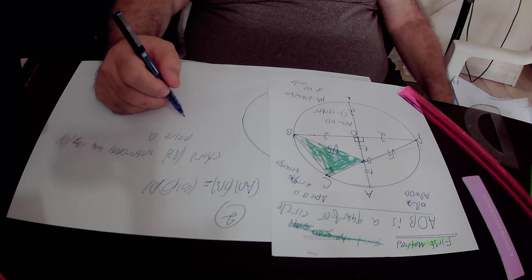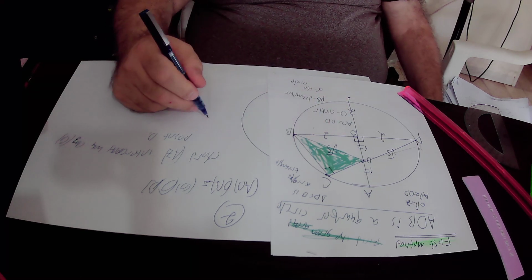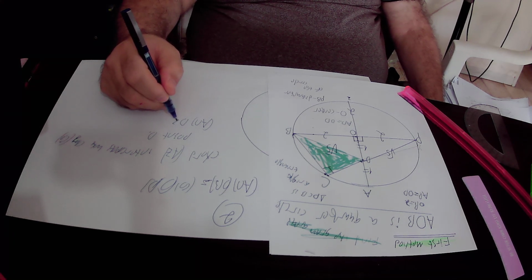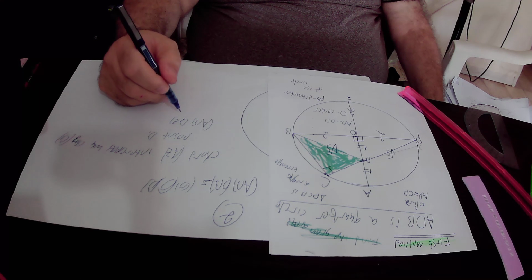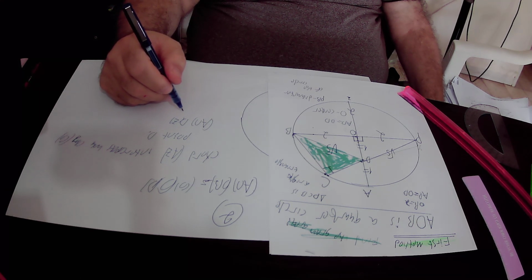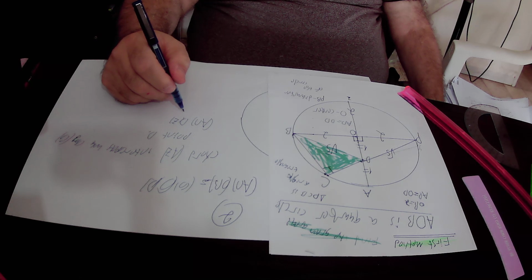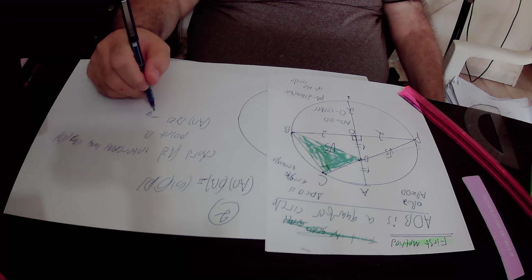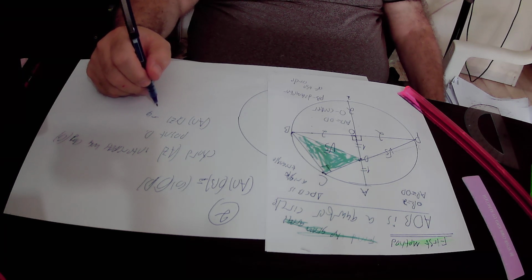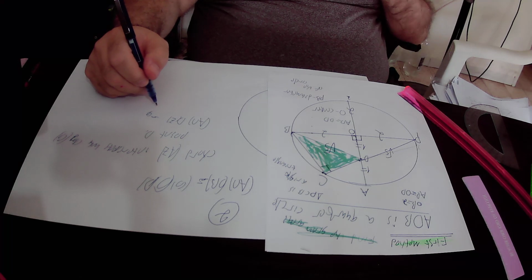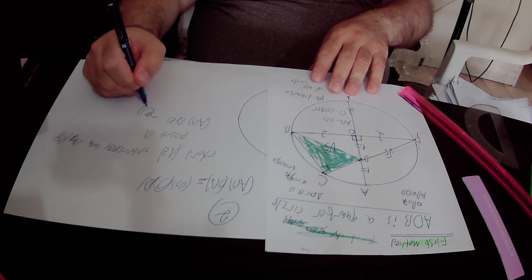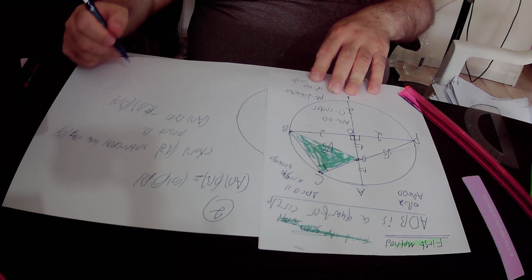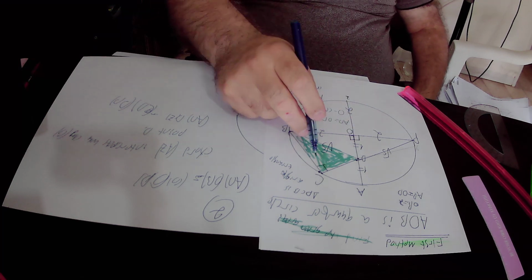Therefore, according to rule number 1, we get that AD times DZ equals CD times DP.